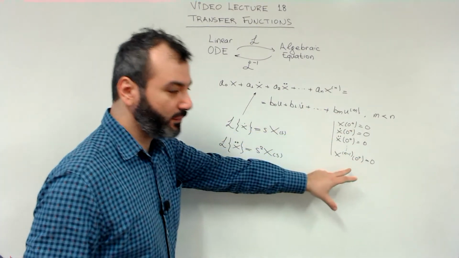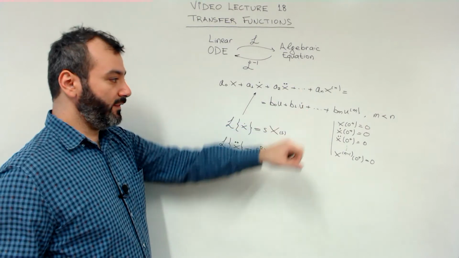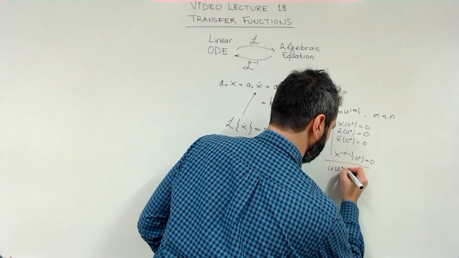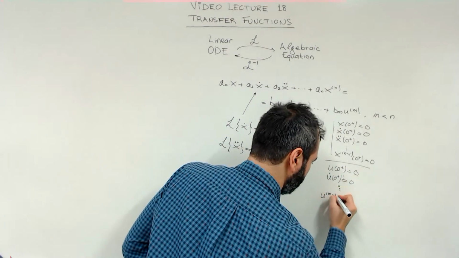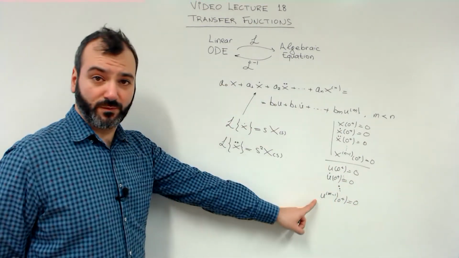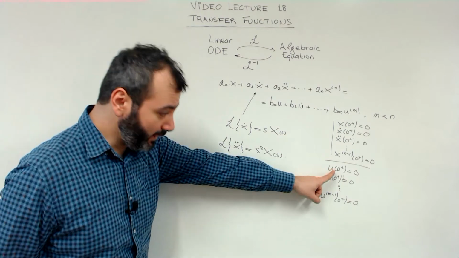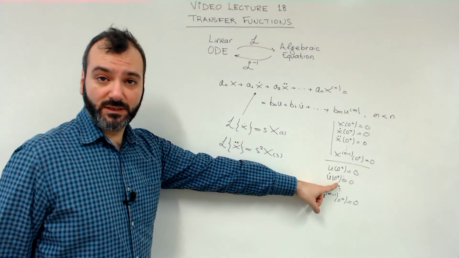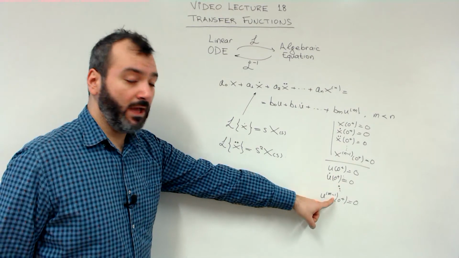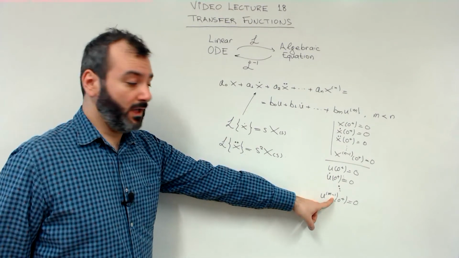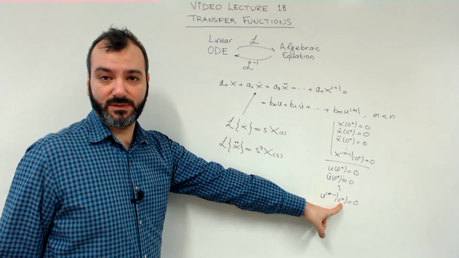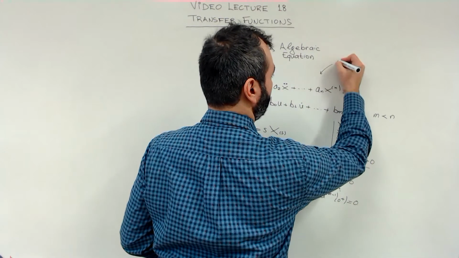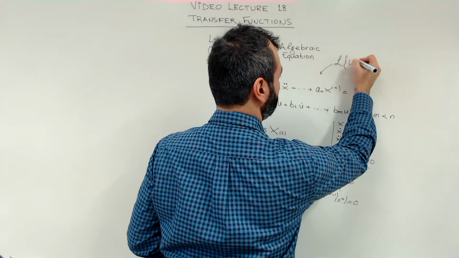And the same, of course, holds for the input variables. So if we assume that all derivatives of u at 0 plus up to order m minus 1 are equal to 0 at time 0, then we can eliminate the constant terms we have over here.